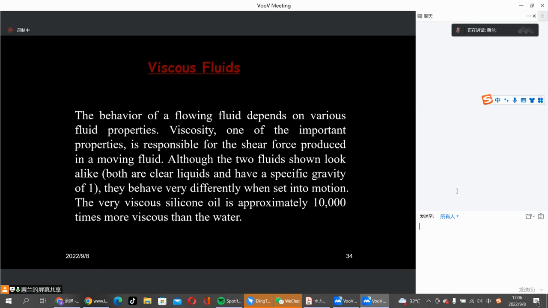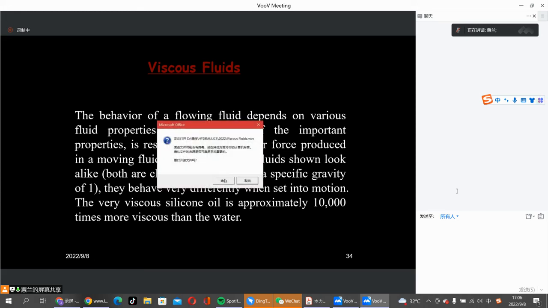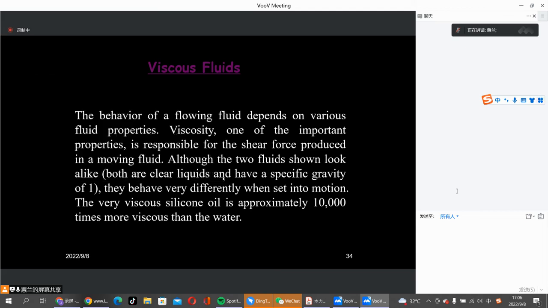So that's density. Sometimes for two fluids, even if their densities are equal, they still have quite different performance. Just for example, here we have this movie. We have two fluids that look alike, and they even have the same density.